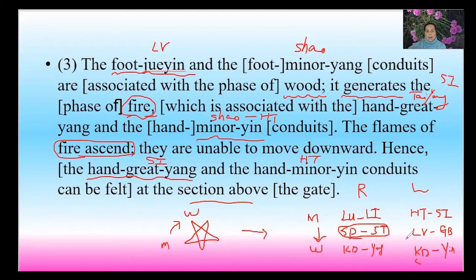Then we're talking about the other side. Liver is the wood. So wood generates the fire. So fire will go up. So this side will go up. So what are we talking about here?